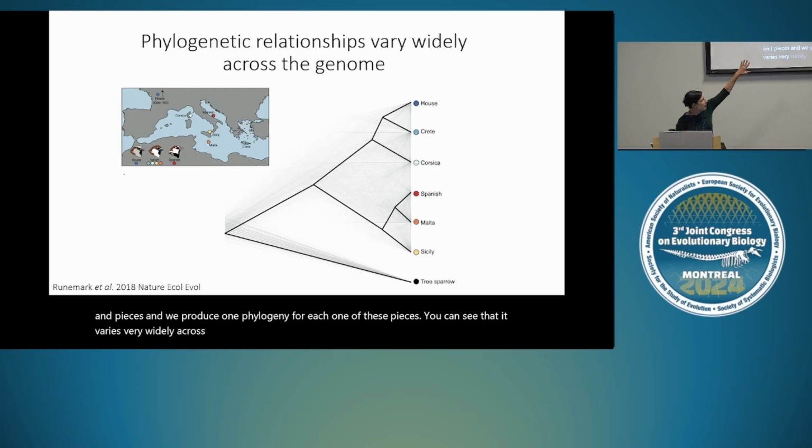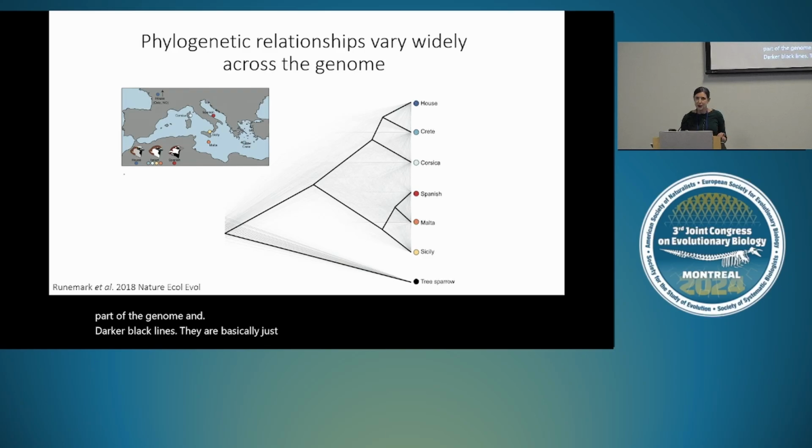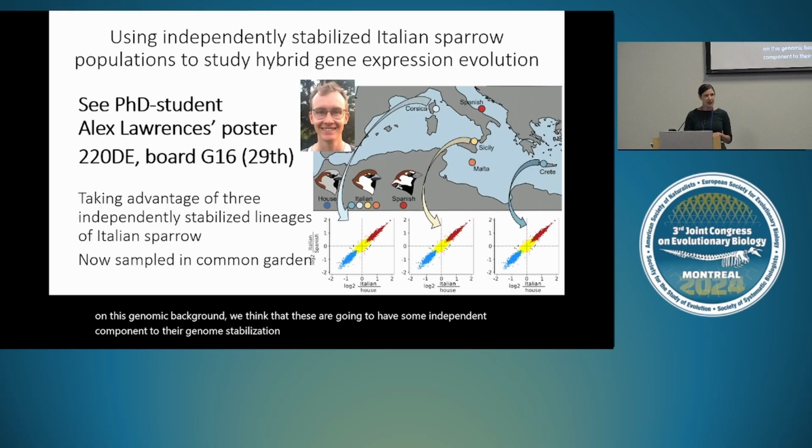This gray blur here, each part corresponds to one part of the genome, and the darker black lines are just the most common trees, not a true tree. So based on this genomic background, we think that these are going to have some independent component to their genome stabilization. So in the current projects, we are using these to look at gene expression in all of those populations.